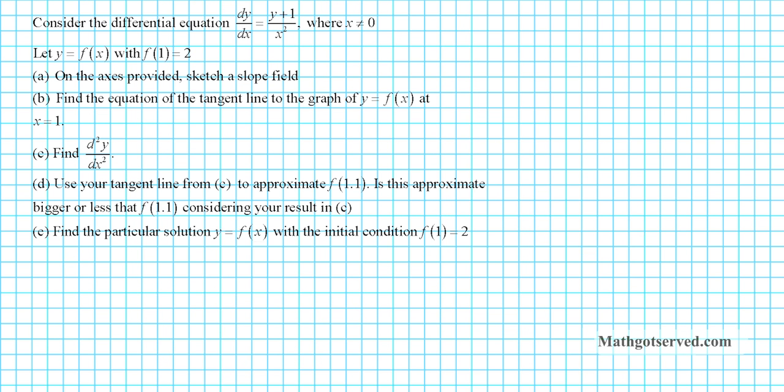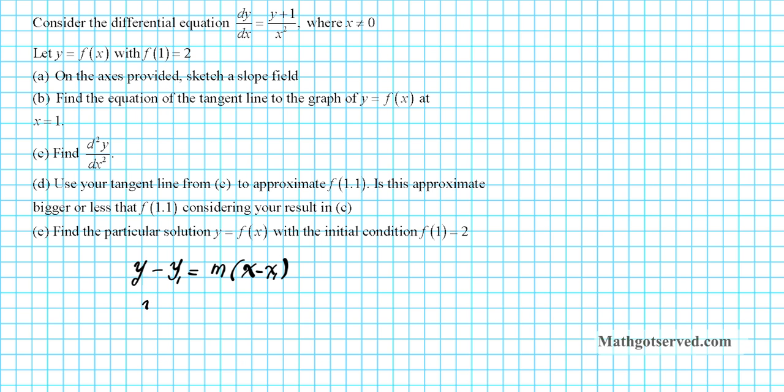For the B part, we have to find the equation of the tangent line to the graph of y equals f(x) at x equals 1. Okay, so to find the equation of the line, we can use the point slope form of the equation of the line that you learned in algebra. y minus y1 equals m(x minus x1).